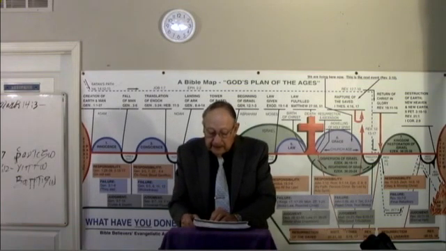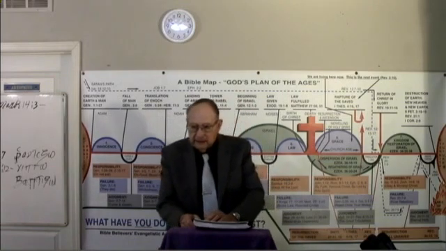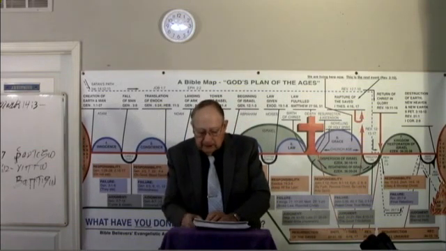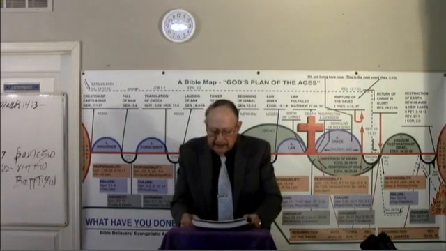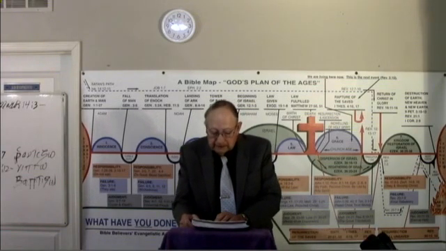And in day, and here we have u, and then ba. Ba is a V sound here because it doesn't have a dagesh in the middle of it. Uvayom. And in day, the 7th. Hashvi'i, the 7th. The definite article in front of that. And the 7th.